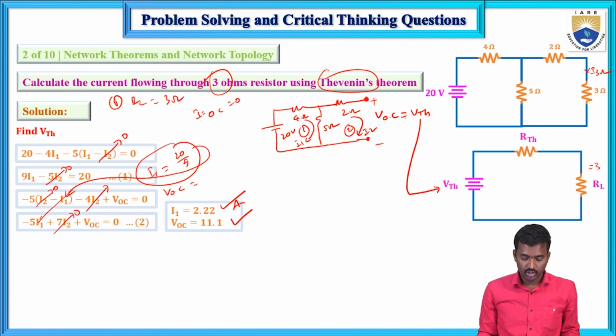Now here we got VTH. VOC is 11.11 volts, and this 11.11 volts is Thevenin's voltage.